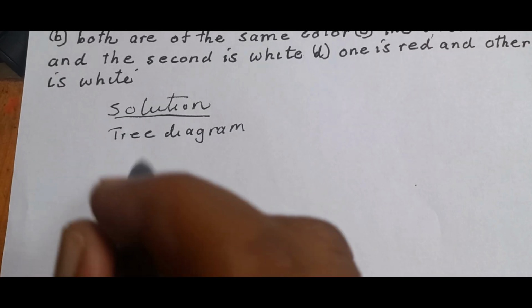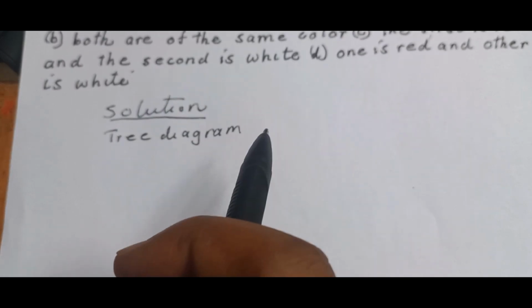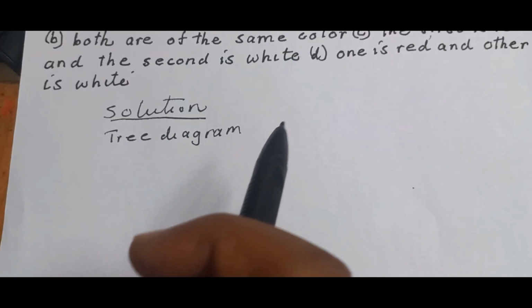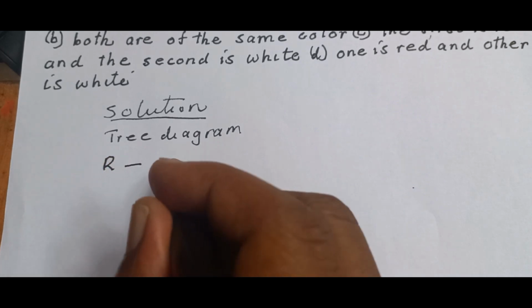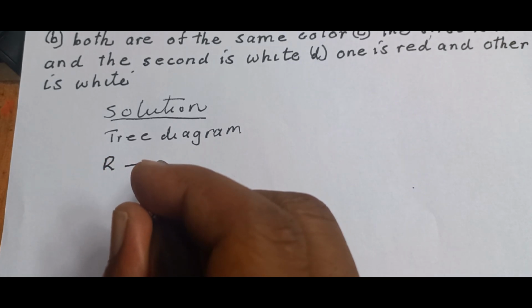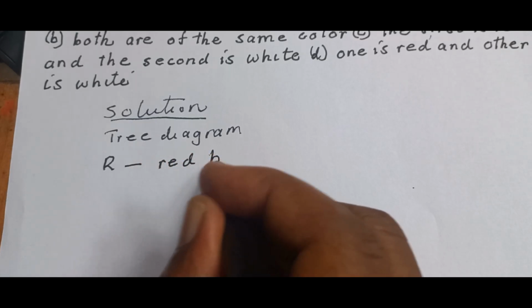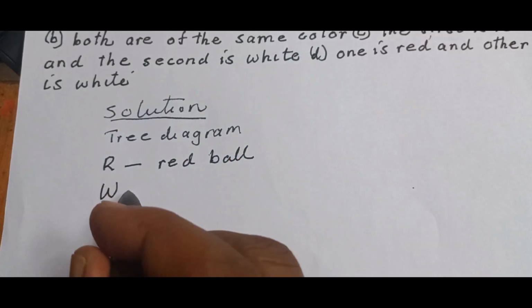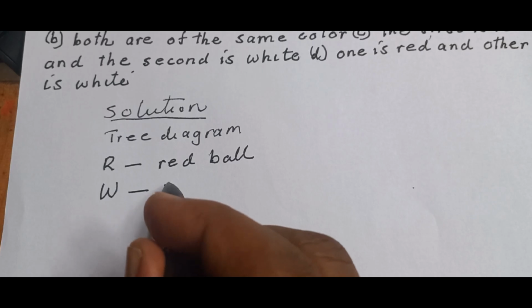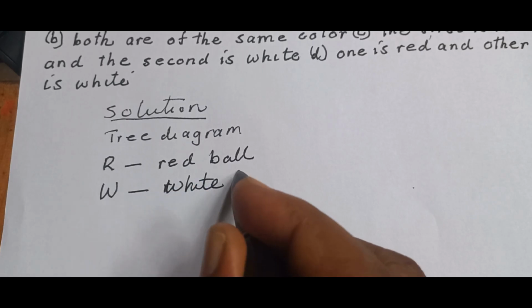In our case here, we have 2 types of balls. The first one is having red color, the second one is having white color. So let us use capital R to represent a red ball, and capital W to represent a white ball.